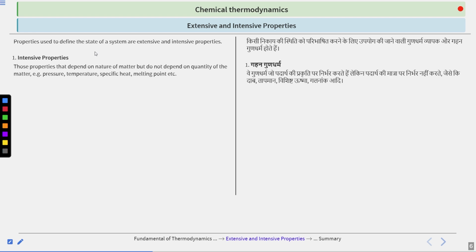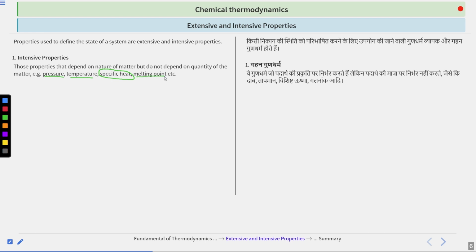Initially, suppose the whole gas has a temperature of T. Now each of the compartments that you have divided your whole system into will also have a temperature T. So in this case, what is being observed? That your temperature is not changing, although you are changing the amount or mass of gas. Those are called intensive properties. Also, the pressure will not change in that case, and all the specific and molar properties will not change, because in specific and molar properties you already define the amount of substance. So a change in the amount of substance cannot affect this property. Clear?